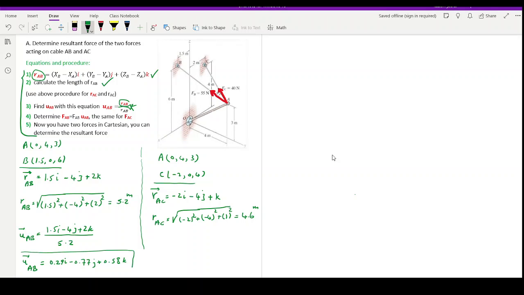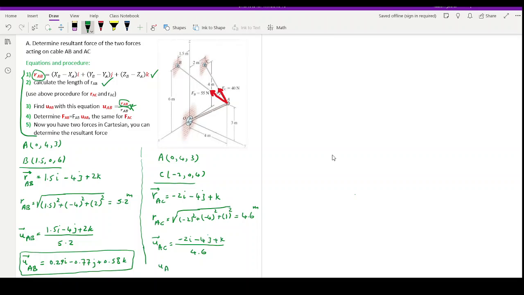So this is my uAB, and the same process for uAC. So uAC is equal to negative 2i, negative 4j, and 1k divided by 4.6.